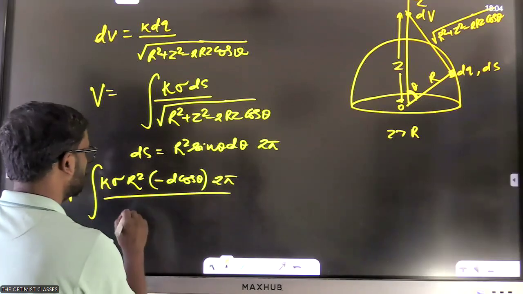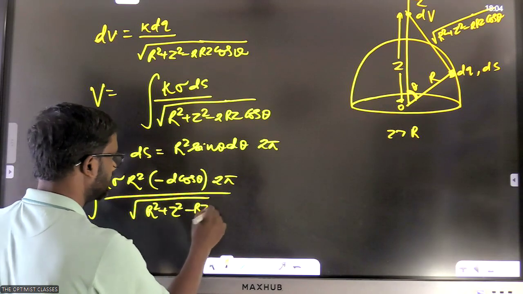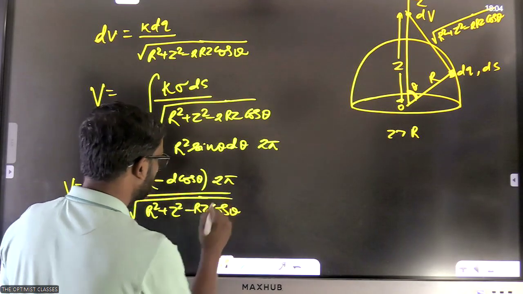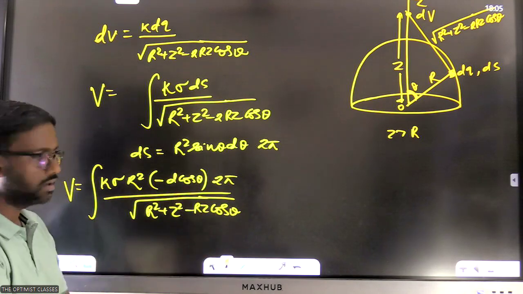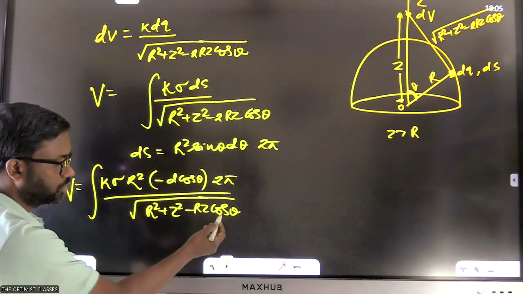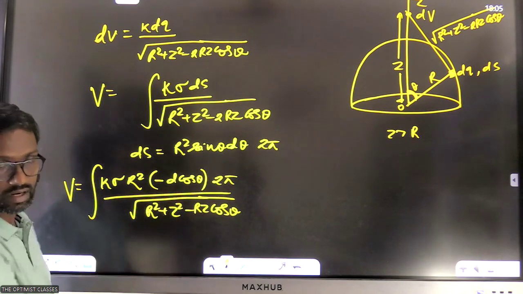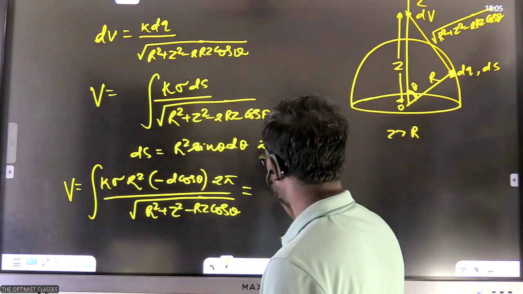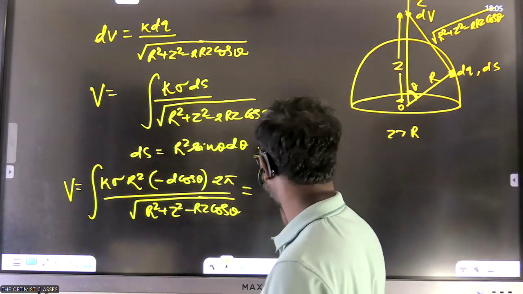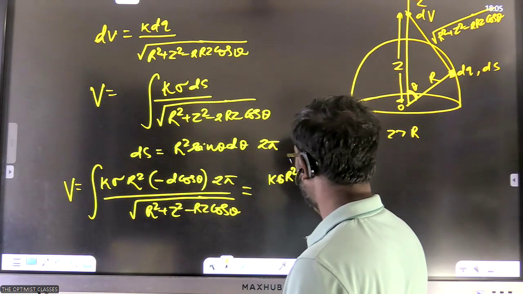And here we have root under r square plus z square minus 2rz cos theta. So when you integrate, now integration is with respect to cos theta. We can put cos theta is equal to t, so it will become dt, and then we can integrate it easily. Therefore what you are going to get here is k sigma r square, and here we have 2 pi.